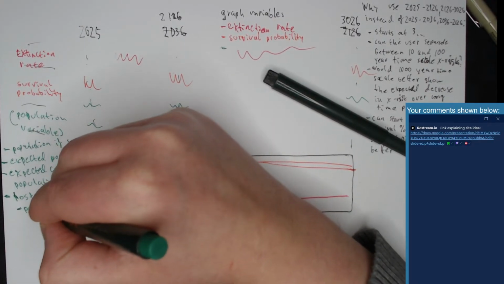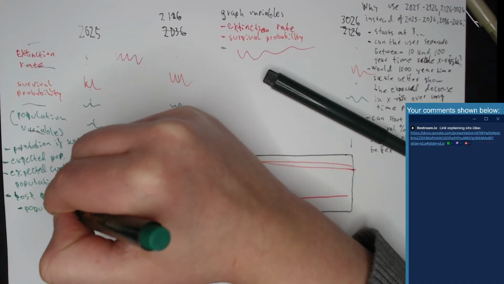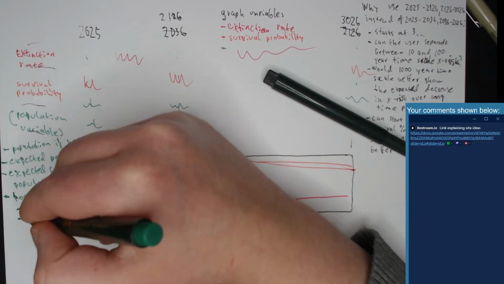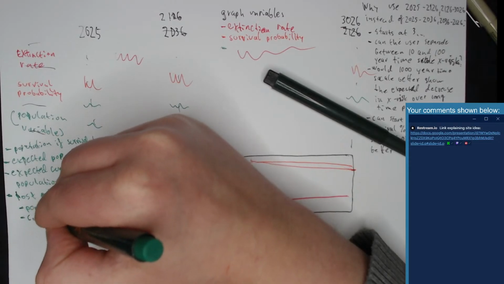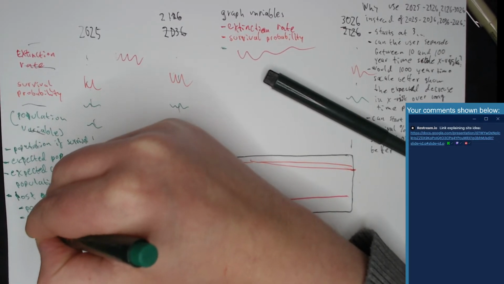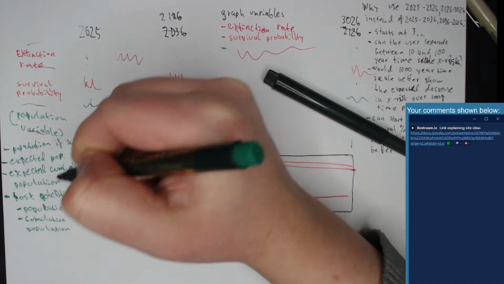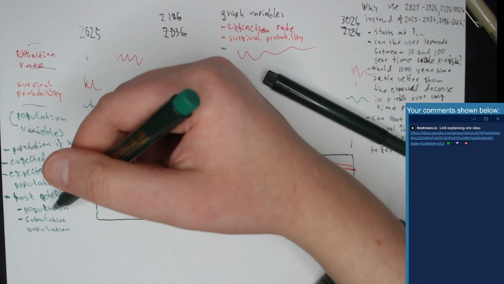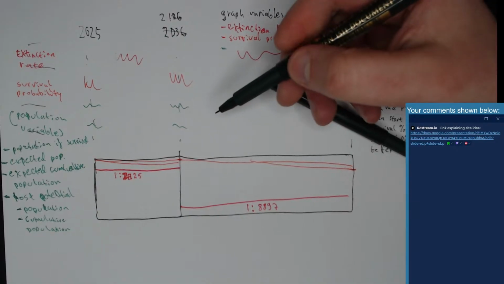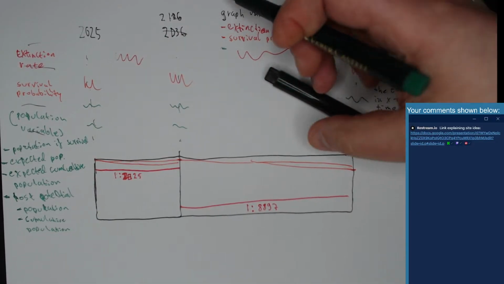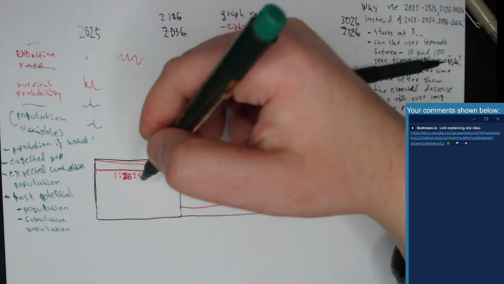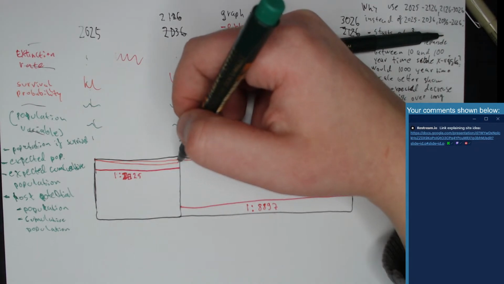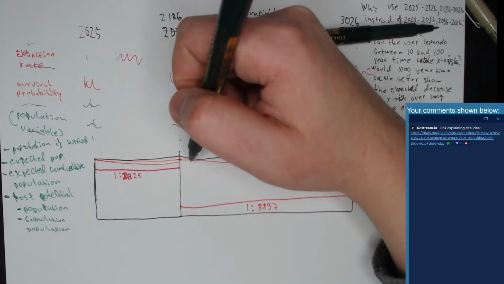Then you could have lost potential population or lost potential cumulative. I don't think it makes sense to have lost potential if I have in the graph, well, let's see, how would population progress?